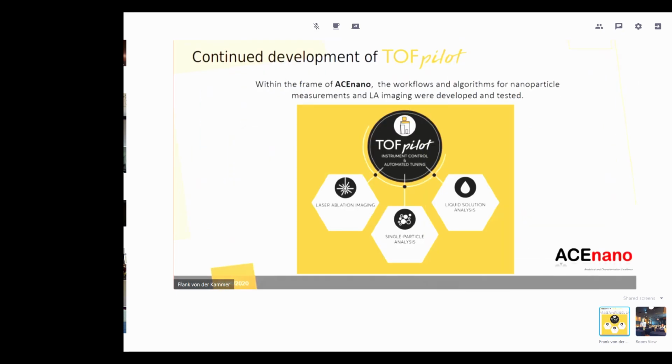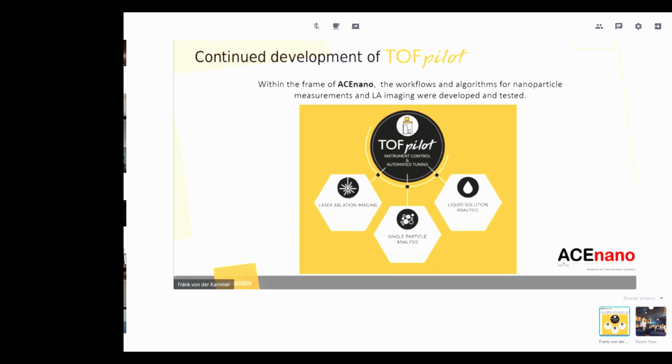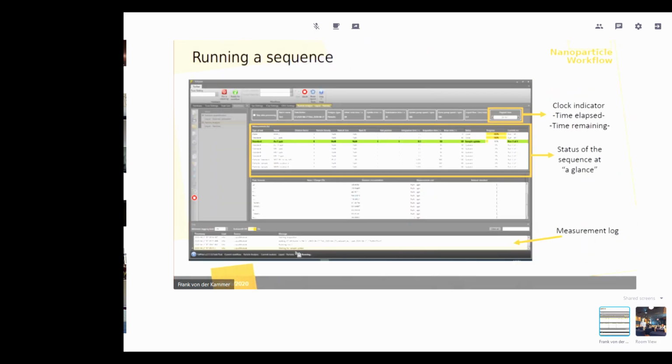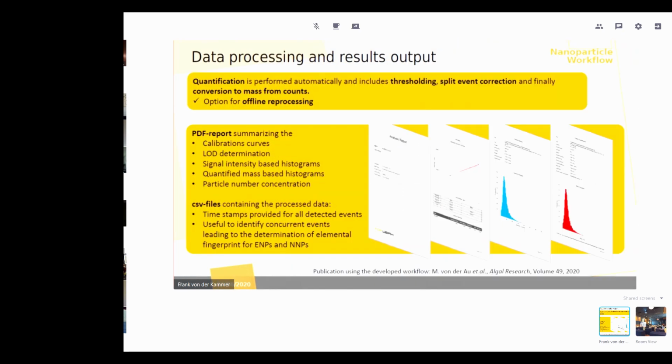This has been optimized and further developed to ease up the process, and we have a new sample sequence management system where you see directly your elapsed time, the status of your sequence, your measurement log. And if you have run your sequence, you go into an environment that helps you to automatically evaluate your samples.